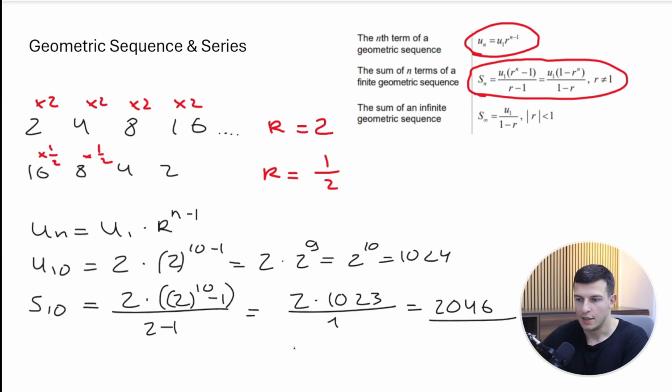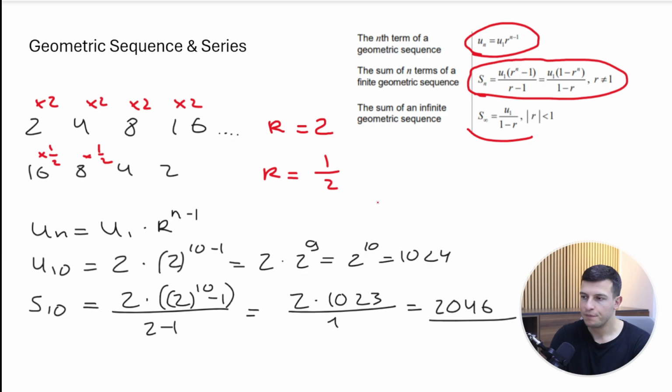Okay? Now, there is one more thing in geometric sequences which we haven't talked about in arithmetic sequences because it doesn't exist, and that is the sum of an infinite geometric sequence. And that's equal to, you can see, S infinity is equal to u1 over 1 minus r.